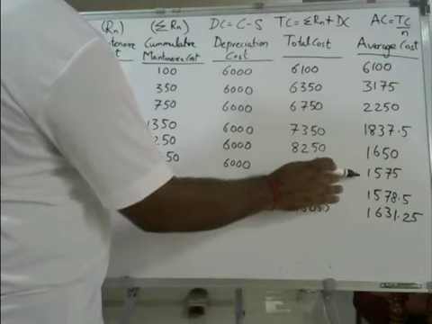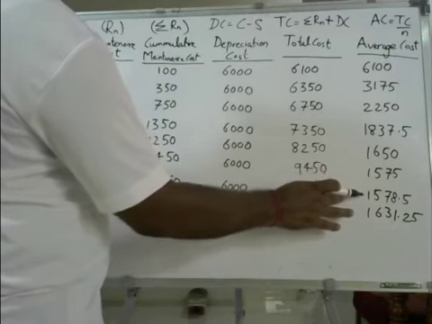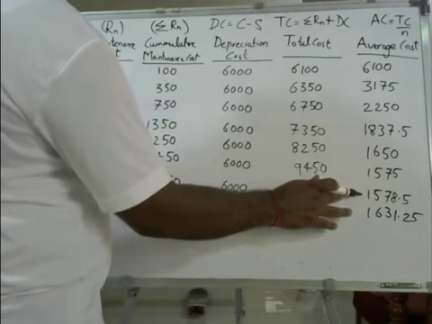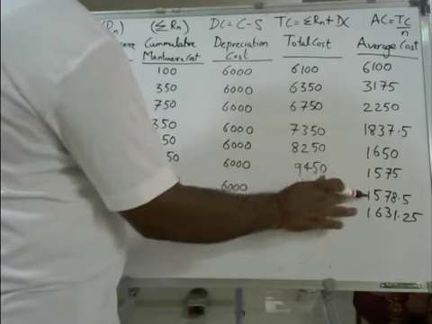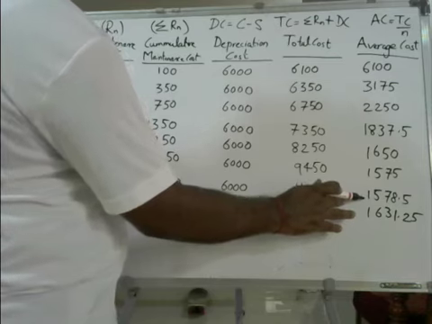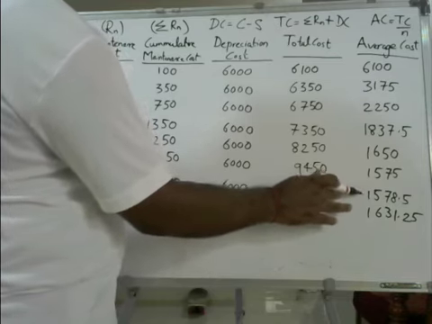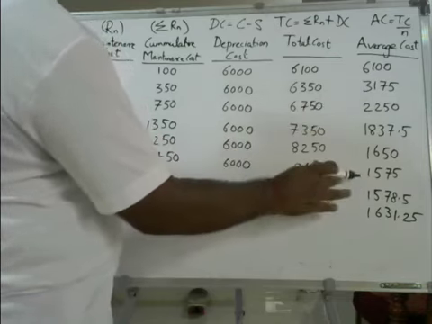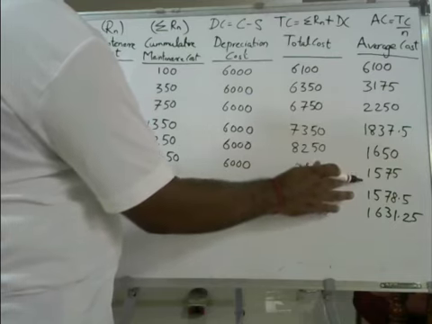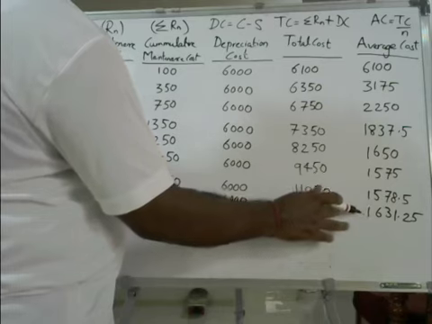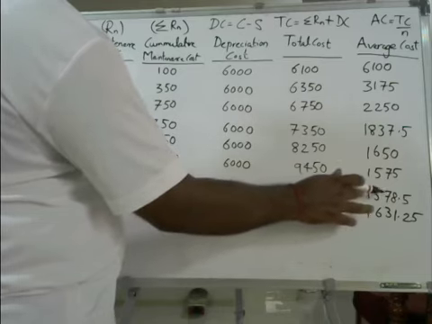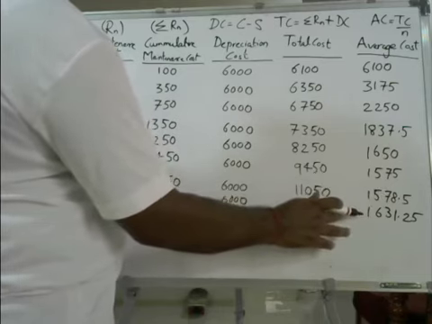But see, after the sixth year, in the seventh year it is showing that it is a little bit rising here. It is from 1,575 to 1,578.5. So here it has gone up. All these years it has come down, and at the beginning of the seventh year it has increased. In the beginning of the eighth year it has still increased from 1,578.5 to 1,631.25.